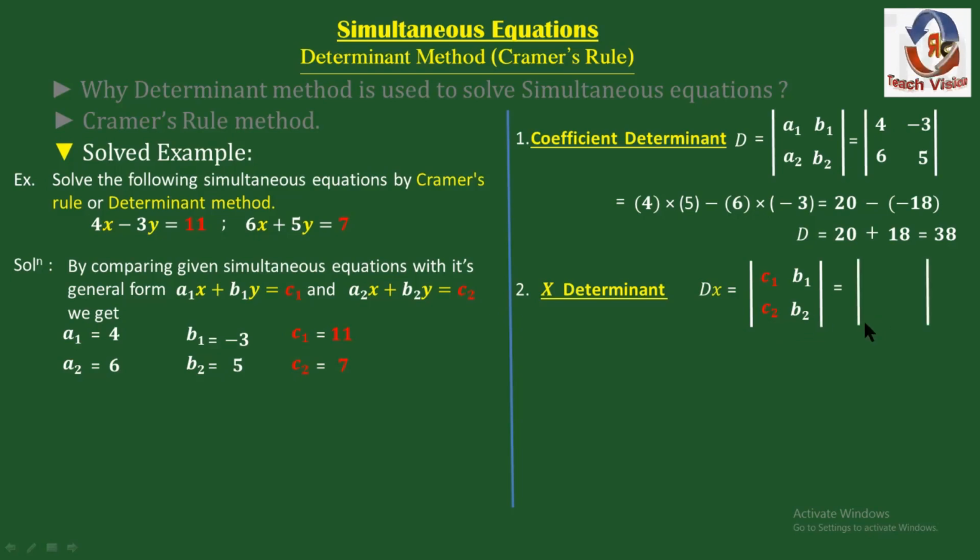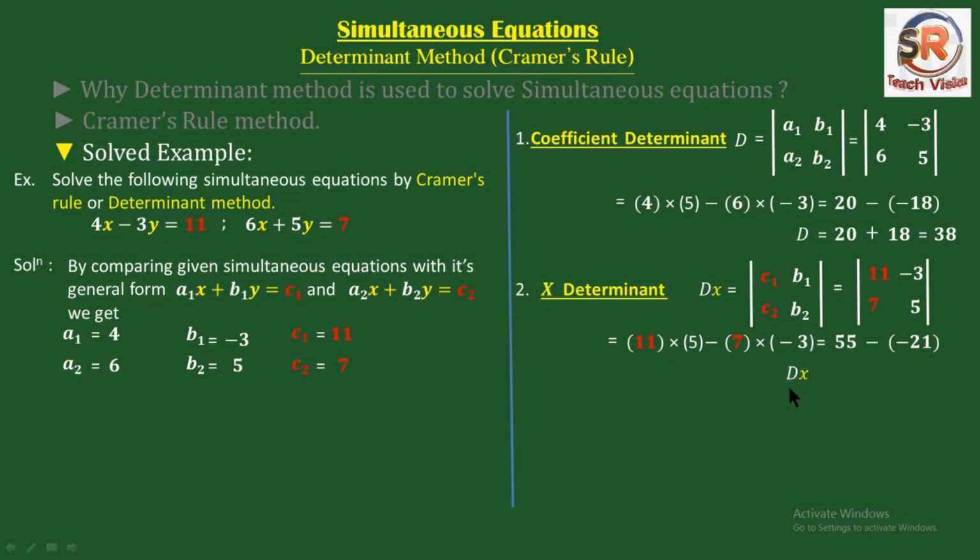Put the values, where c1 is 11 and c2 is 7, b1 is minus 3 and b2 is 5, and calculate the determinant: 11 into 5 minus 7 into minus 3 is equal to 55 minus minus 21.